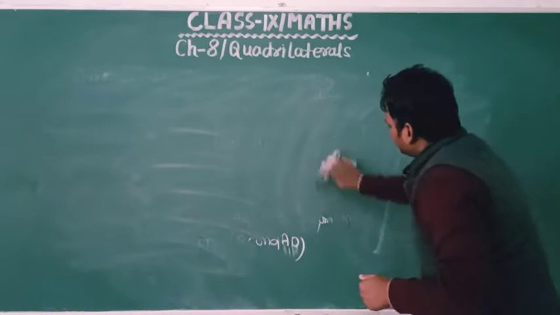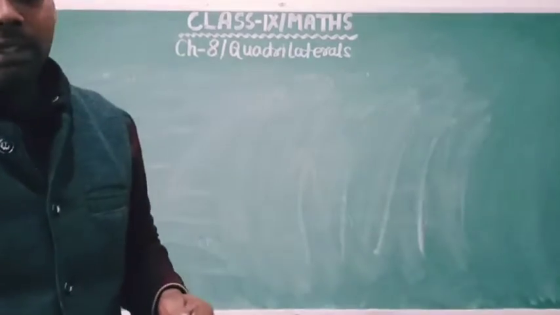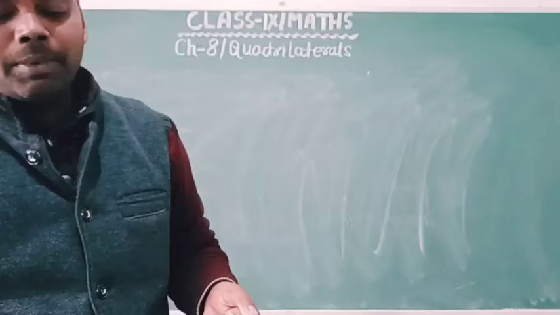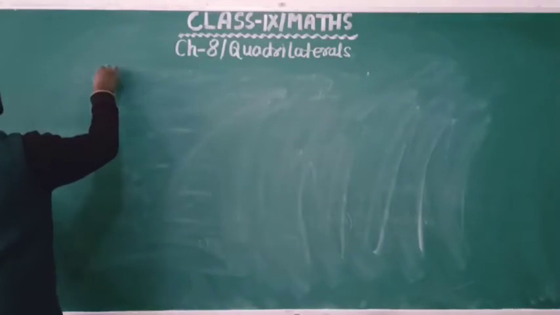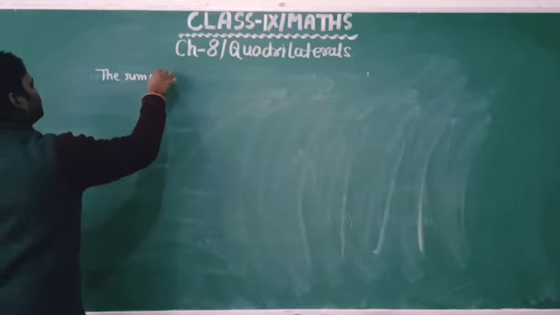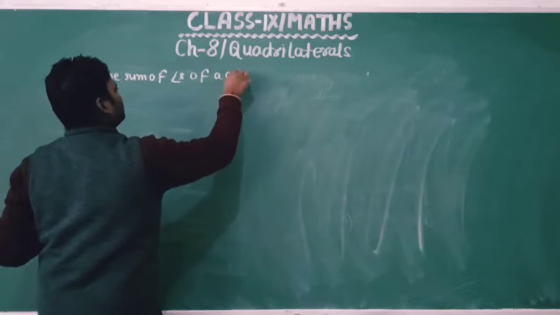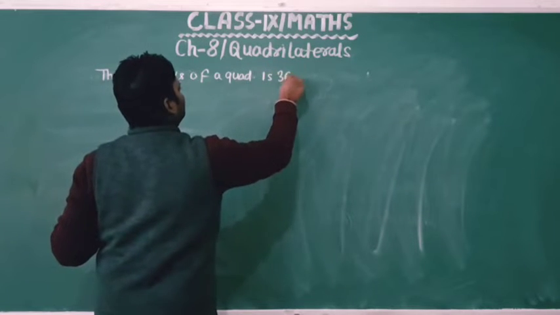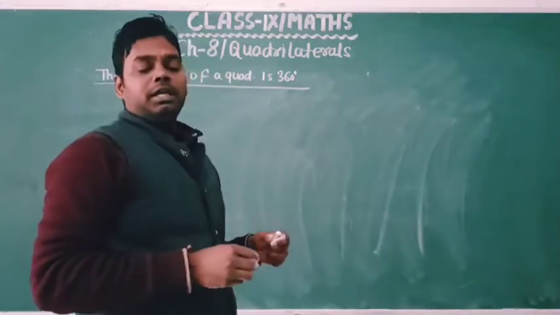The sum of the angles of a quadrilateral is 360 degrees. The sum of the angles of a quadrilateral is 360 degrees.